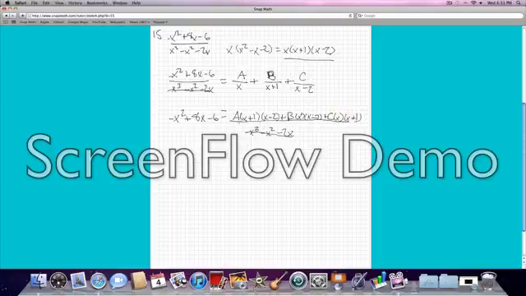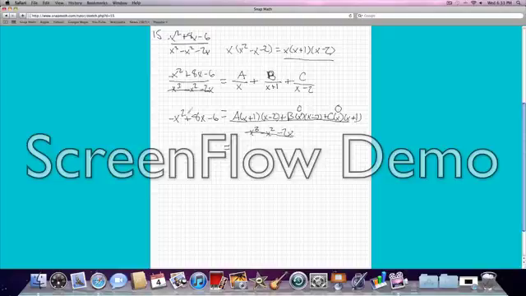Now, to find out what A equals, we're going to pick x equals 0. We're going to plug in x equals 0 to each one of these. So you also have to plug 0 into this side and 0 into all these x's.